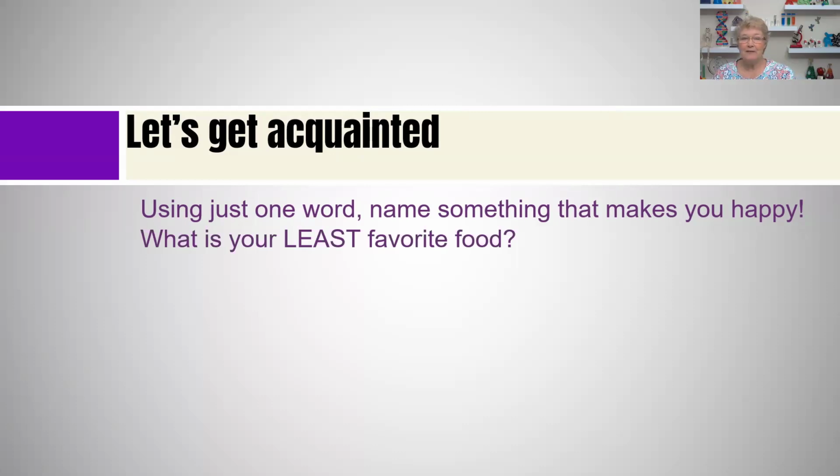What is your least favorite food? What comes to mind when you think of least favorite? Fish? Libby, I have fish almost every day. I love fish. Kale, yeah, I can see kale. Broccoli. Soup, that's pretty general. All soup?